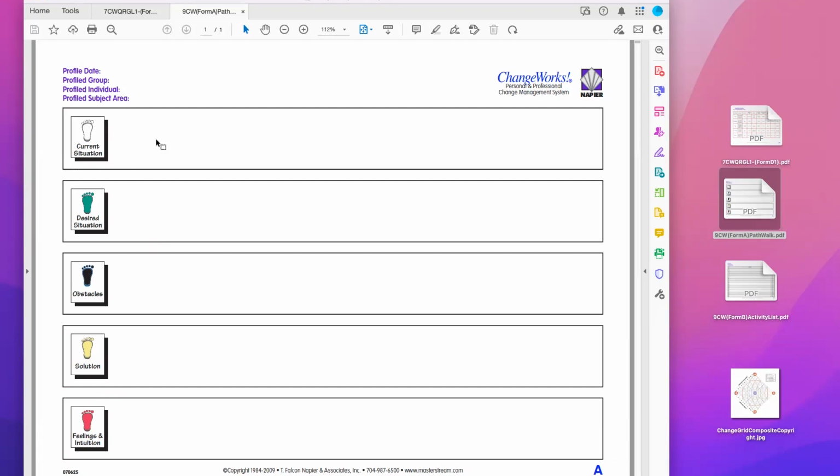So with this idea about white, green, black, red, current situation, desired situation, obstacles, and solution, as you start to flesh this out, you end up generating an activity list. When it comes to your goals, you could say something like, spend more time with my children. Okay, that's a goal. What's stopping that from happening?